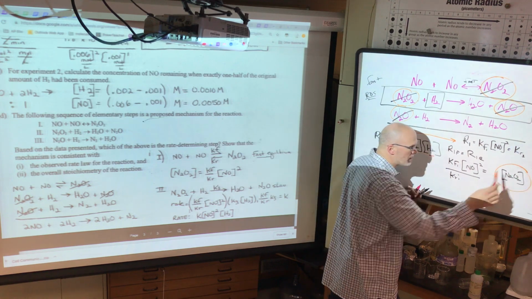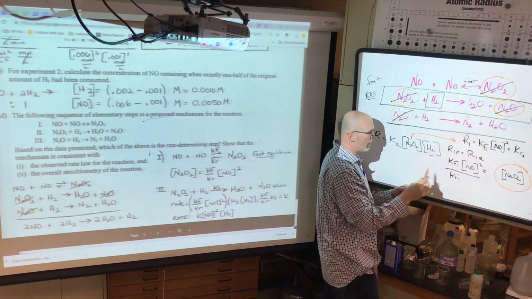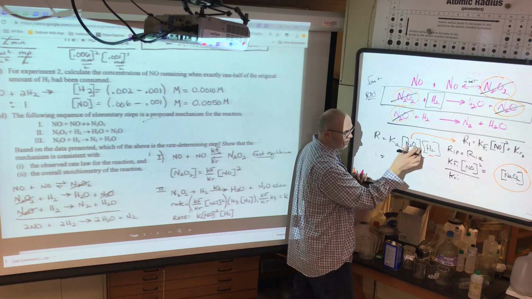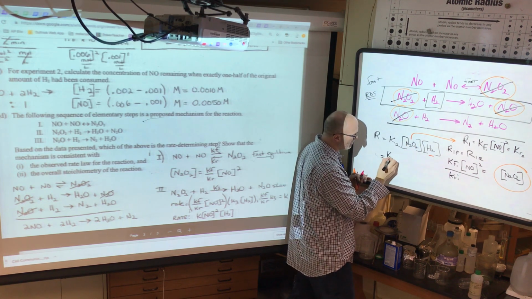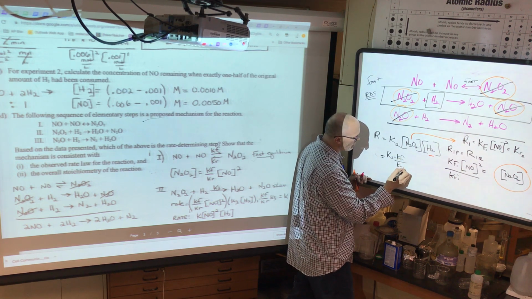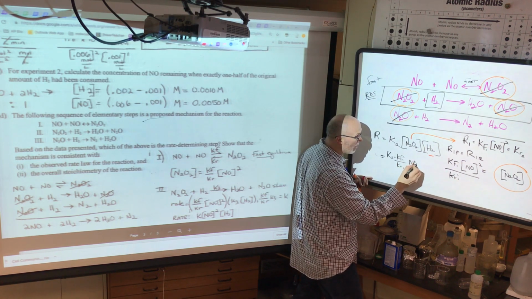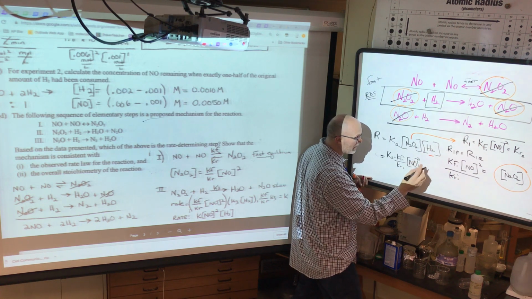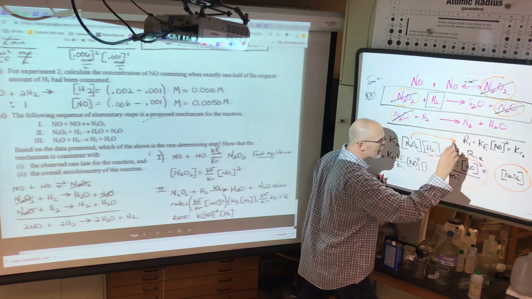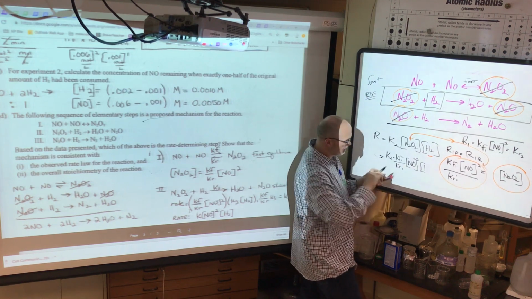I have an equivalent of this intermediate that's linked by fast equilibrium. And so when I plug this in, just stay with me. When I plug this in here, what do I get? I get k2 times kf1 over k reverse 1, times NO squared, plugged into this position here, times H2.